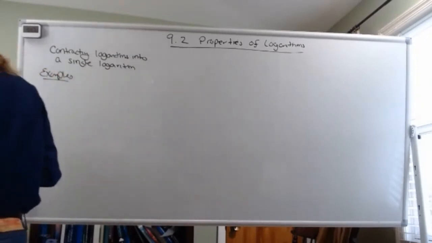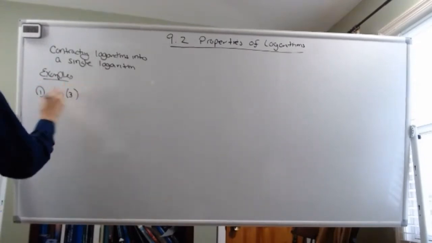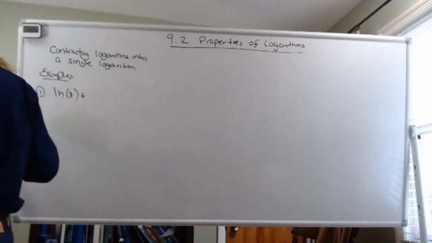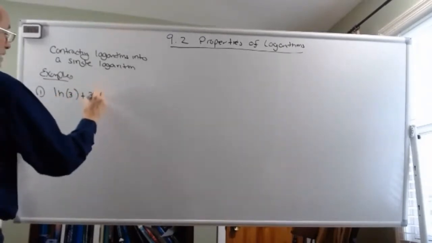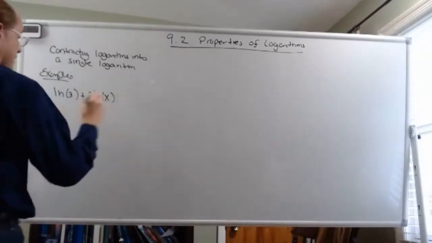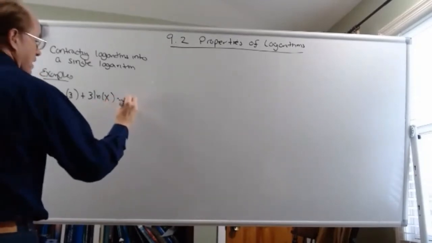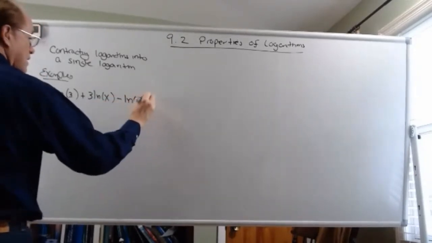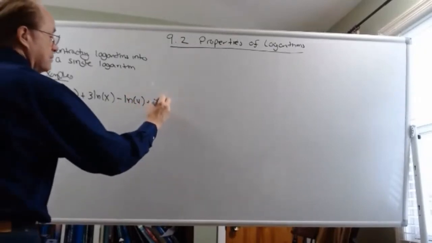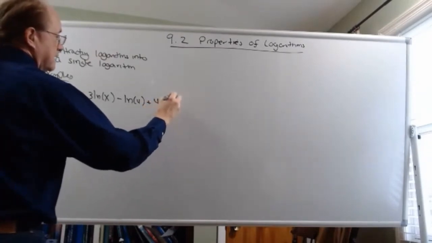So say, for example, I have the natural log of 3 plus 3 times the natural log of x minus the natural log of 4 plus 4 times the natural log of x.